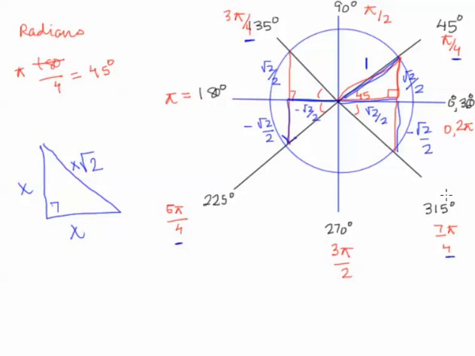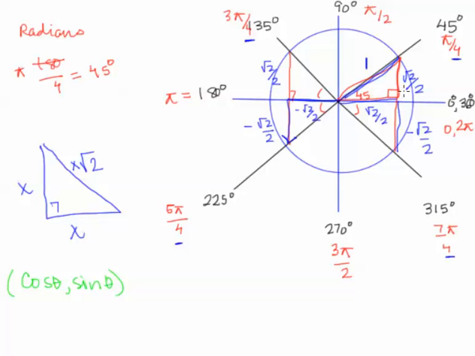So when we're writing ordered pairs for each of these radian measures, when we're at 45 degrees, remember that our ordered pair is always cosine of the angle and then sine of the angle. So over here, the cosine and the sine are the same because the sides are the same.